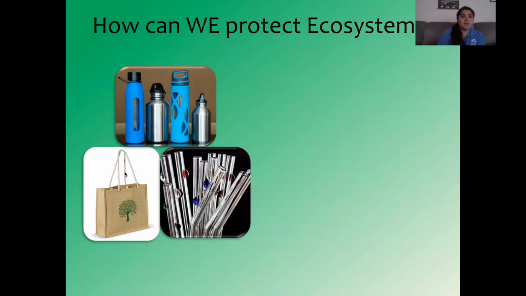We can also use reusable grocery bags, which help not to have to use those plastic grocery bags at the grocery store. Another thing is to use reusable straws. These ones here are glass, but you can also get metal ones. Or you could also use paper straws as well. They aren't reusable, but they would help to not use that plastic straw.